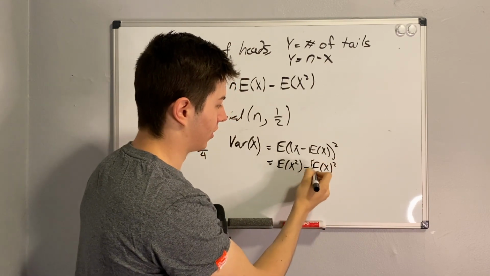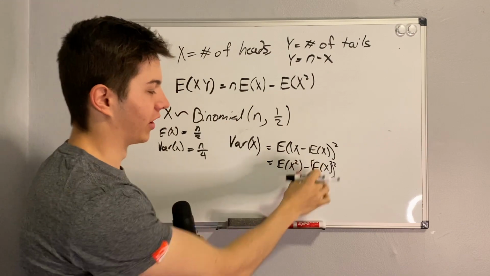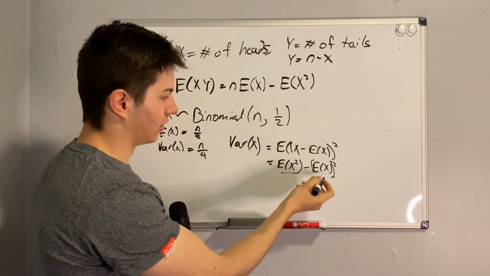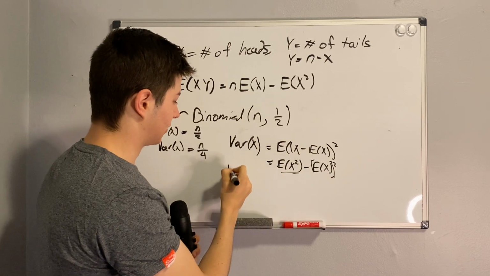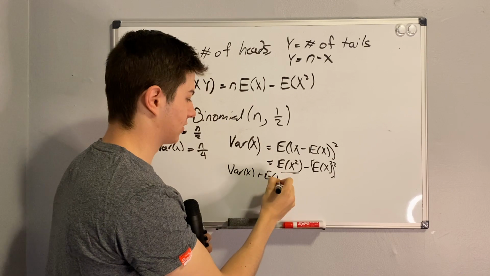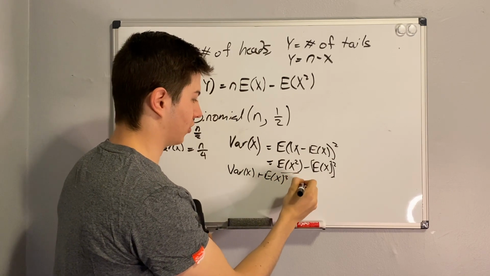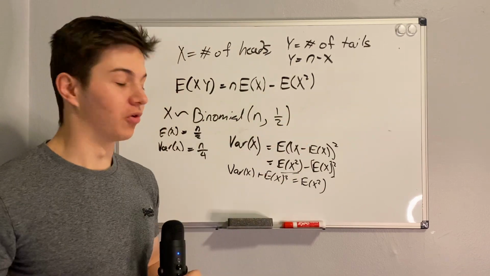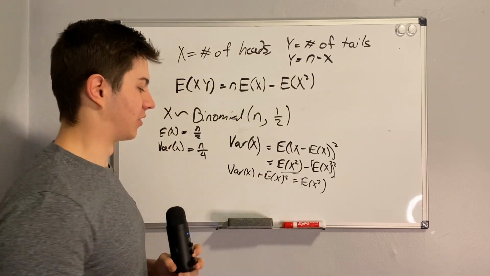So the square is applied to the whole expectation here. To get the value we want, we add the square of the expectation of x to both sides. So the variance of x plus the square of the expectation of x is equal to the expectation of x squared, which is the term we're looking for. So let's try to find this term.